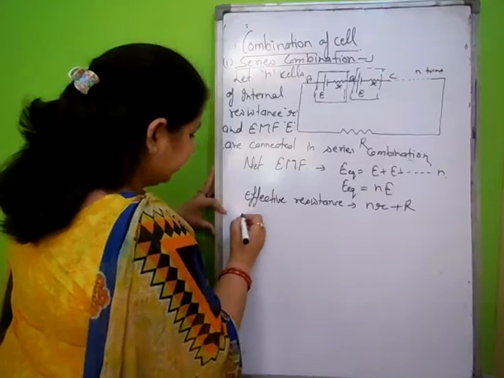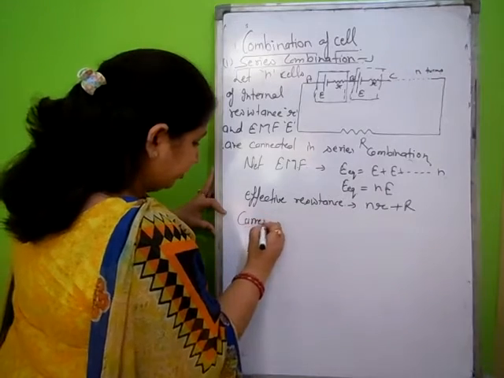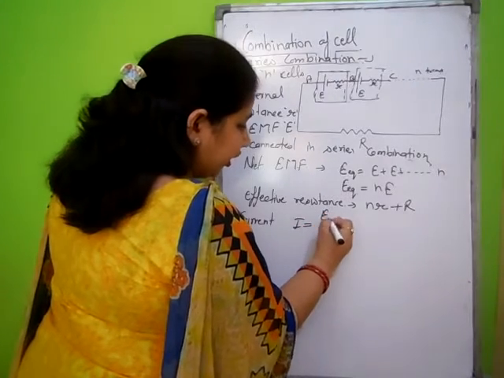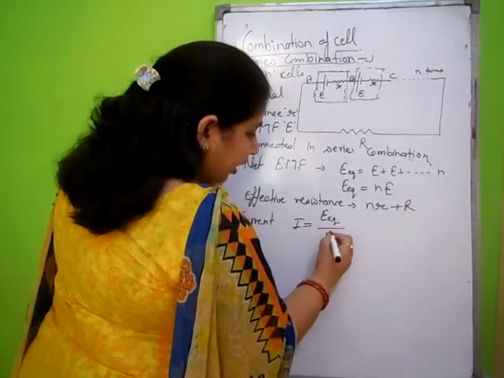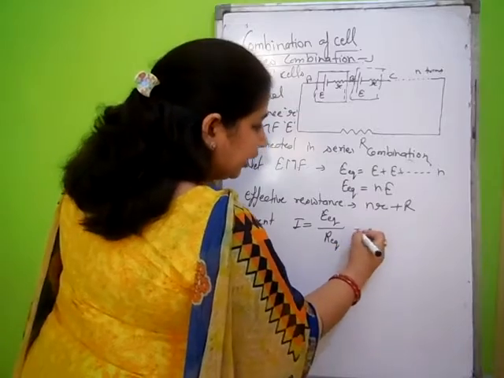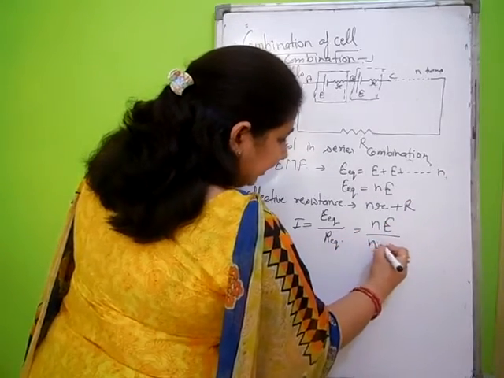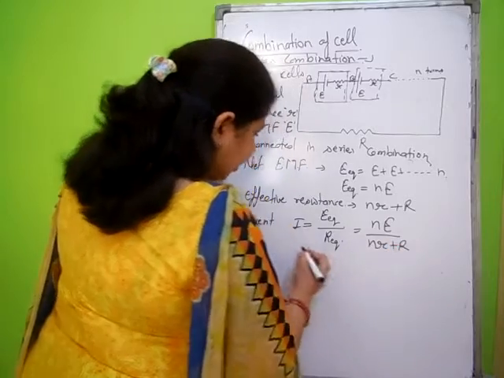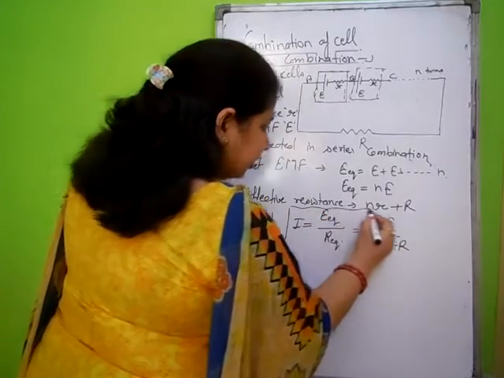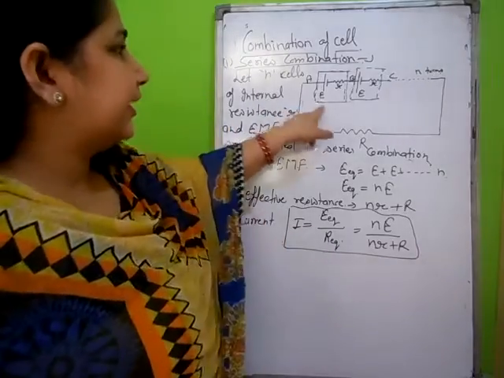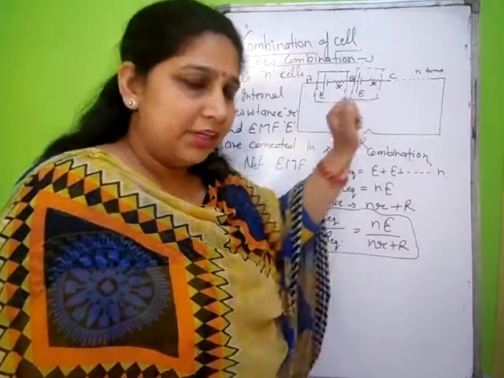Now the total current I is equal to E equivalent upon R equivalent. E equivalent is nE, so I is equal to nE upon nr plus R, for the series combination.